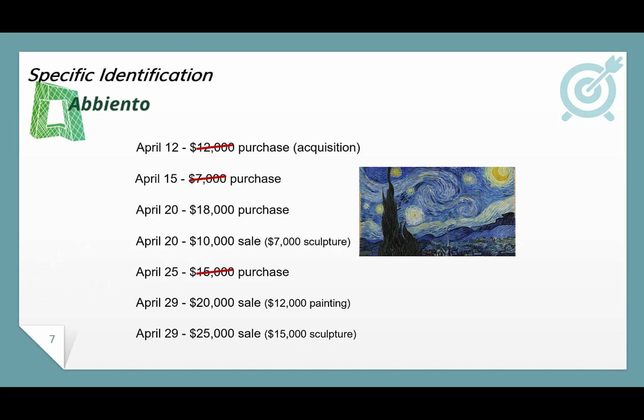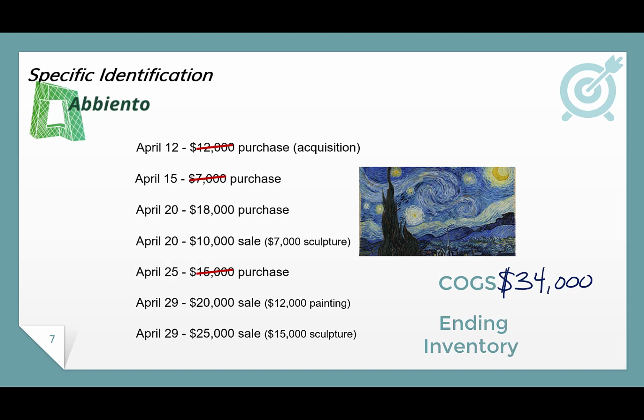for $25,000. To calculate the gallery's COGS and ending inventory for April, we can track the specific costs associated with each artwork. We know the costs of each of the items that were sold that month. I've noted them here with the red lines. When we add those up, we get a total of $34,000.